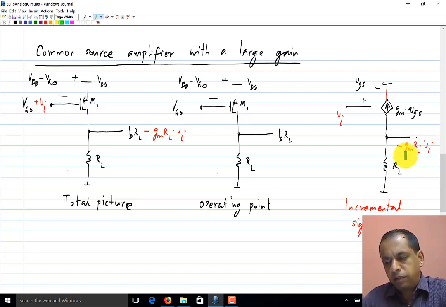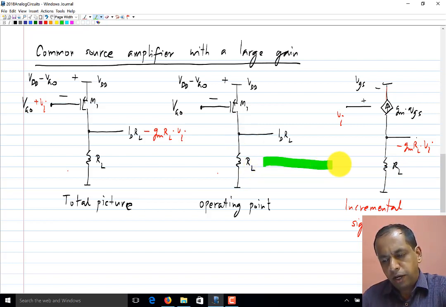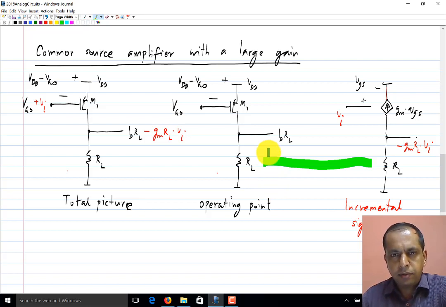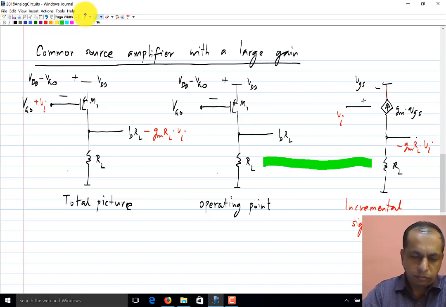At the same time, the gain is proportional to RL, so RL has to be large in order to realize a high gain. So if we increase RL to realize a larger gain, the DC drop also increases. And this load RL is a linear element, so in the incremental picture and in the total picture, it is exactly the same.